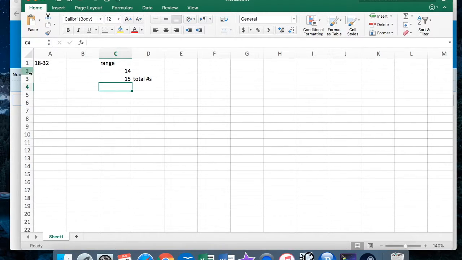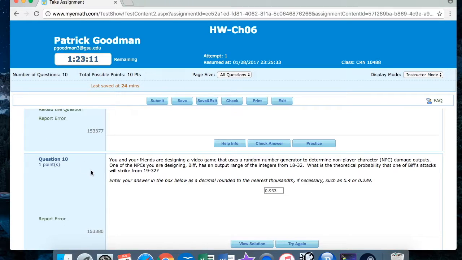So now, what it's asking for is, what is the theoretical probability that one of Biff's attacks will strike from 19 to 32? Okay, so what's the only number that they're excluding from this list? Well, it's only one number, and that's 18. So basically it's saying, alright, what's the probability that it'll use these other 14 outputs, excluding 18?